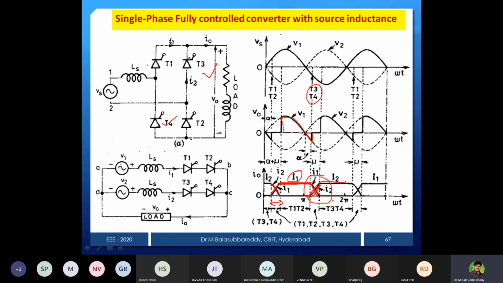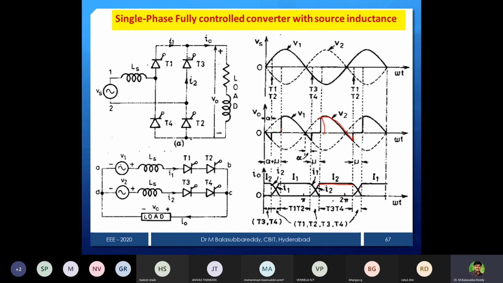After a new instant, what will happen? You can notice that T1, T2 current reaches 0, and T3, T4 reaches the load current, that is I2. So again for some duration both devices are turned on. After that, only T3, T4 is on, and again the output is the same as the source voltage.